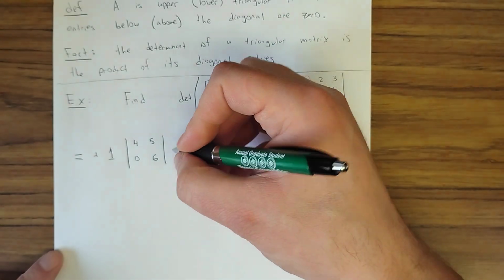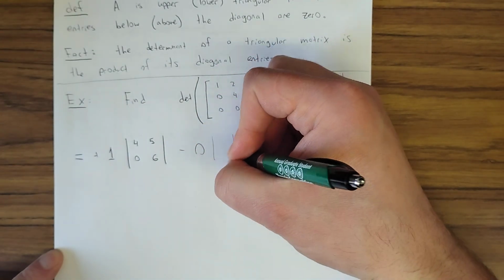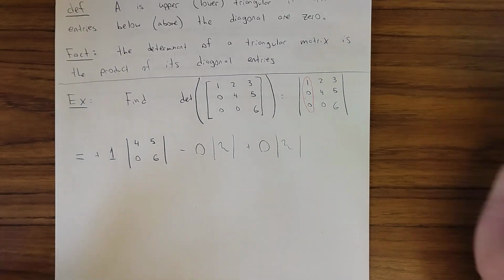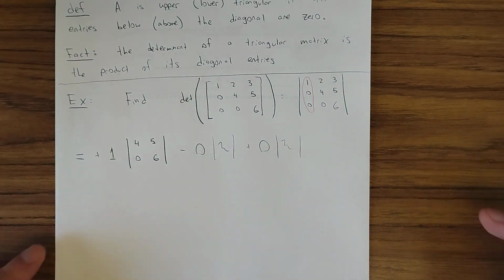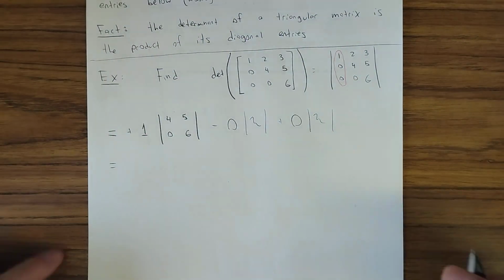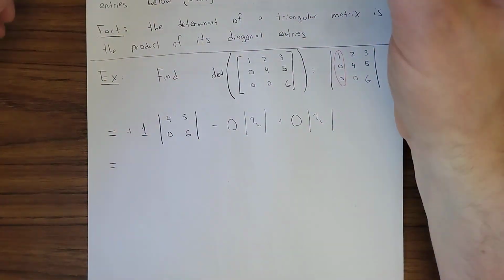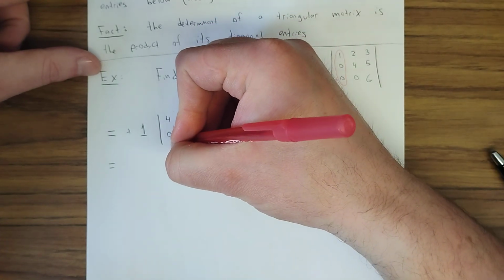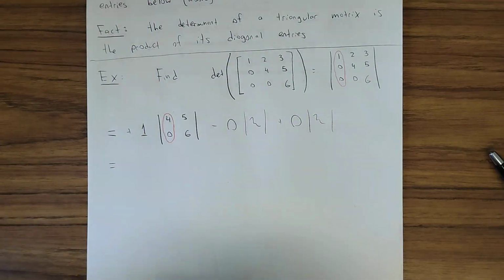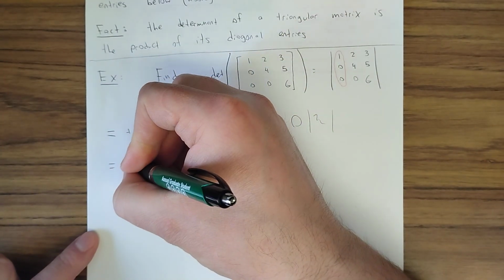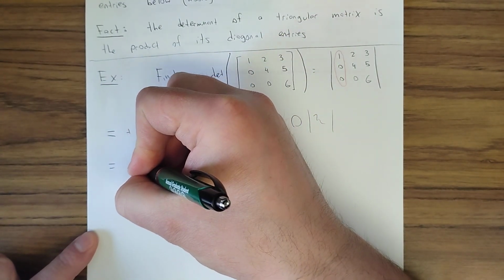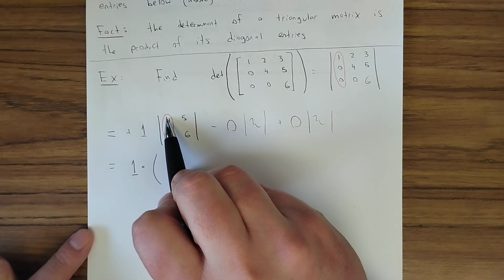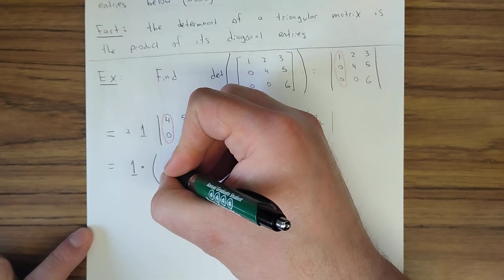And of course, 0 times something I don't care about, and 0 times something I don't care about, right? And then, just to be silly, even though I'm already down to a 2 by 2, let me expand on this column. Well, according to the checkerboard pattern, this would be the top left, so this would be a plus.